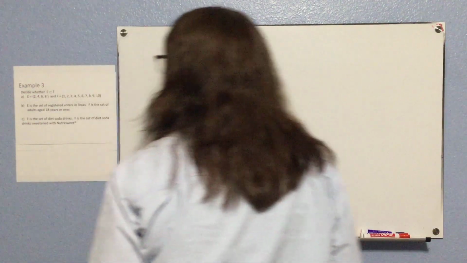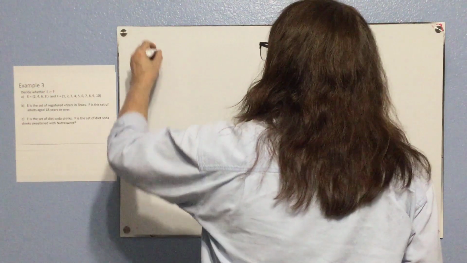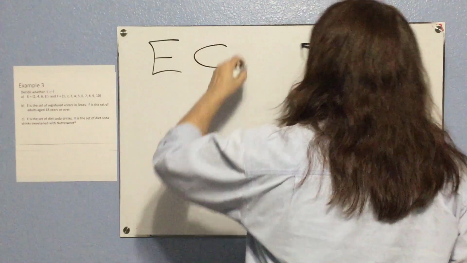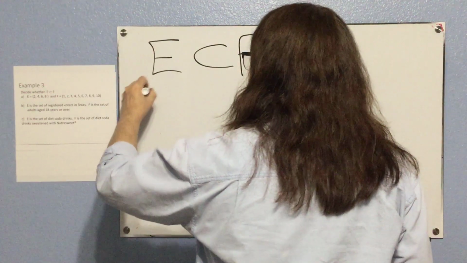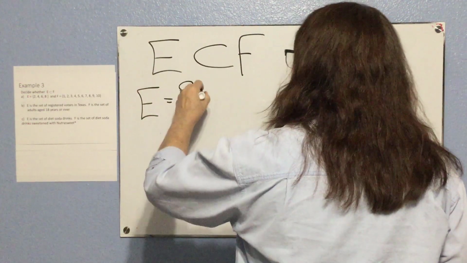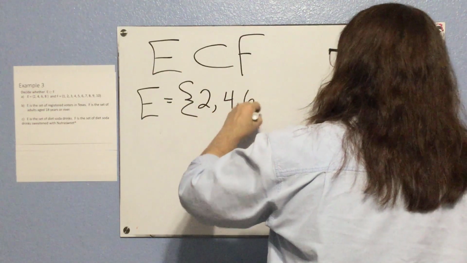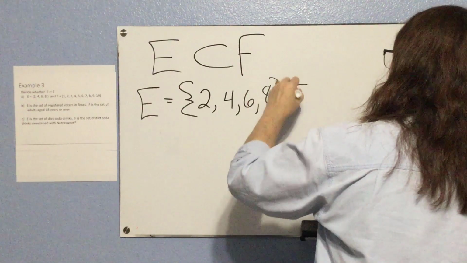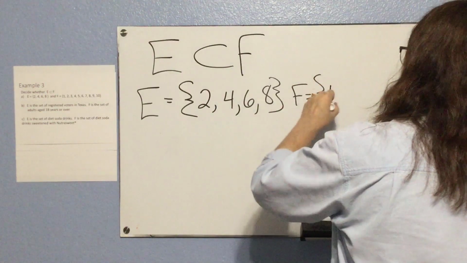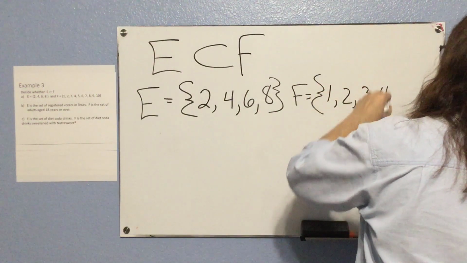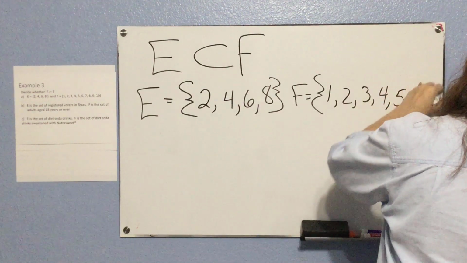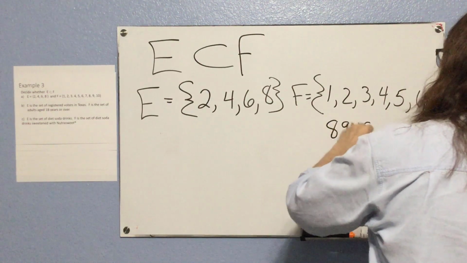So let's look at some sets with numbers. We want to decide if E is a subset of F. Is this true if E is 2, 4, 6, 8, and F is 1, 2, 3, 4, 5, 6, 7, 8, 9, 10?